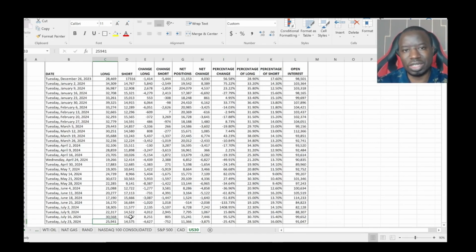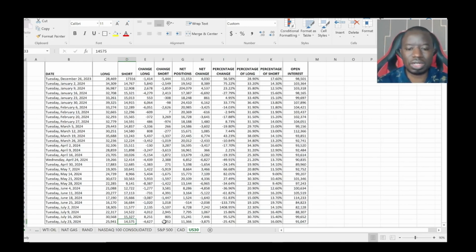The shorts previously were 15,000 positions, but the latest filing of the short positions was 14,000 short positions. We see that 4,000 long positions were closed and only 752 short positions were closed, meaning that they are closing less of the shorts but more of the longs.